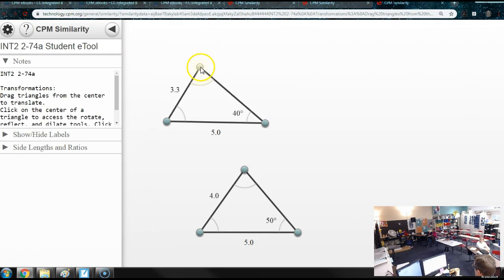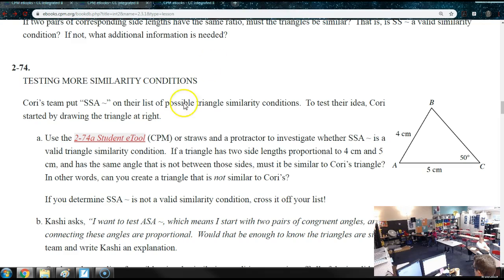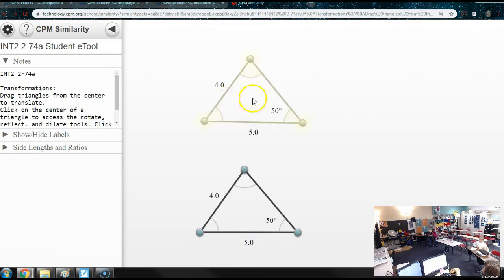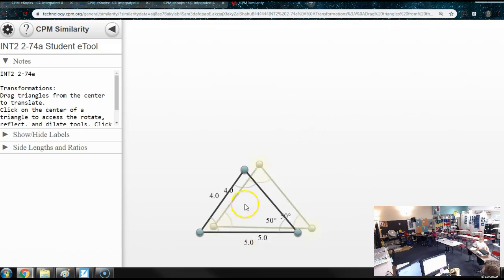No, that's side. Here, I'll start this over. So these, as we see it, we have a 4, we have a 5, and we have a 50. But it's similarity, not congruence. If you would translate that on the back, what was the angle? The top angle can be different.